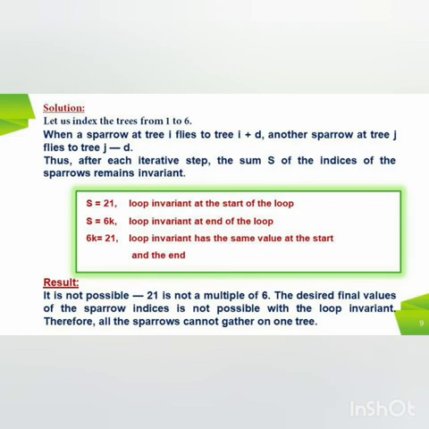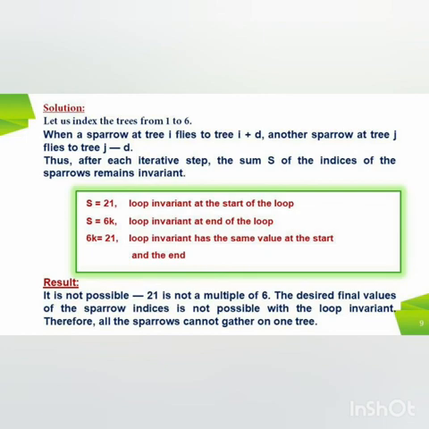Loop invariant at the end of the loop. So if S is equal to 6k is true, then all the sparrows can gather on one tree. Then 6k is equal to 21. The loop invariant has the same value at the start and at the end. Here k should be a constant.